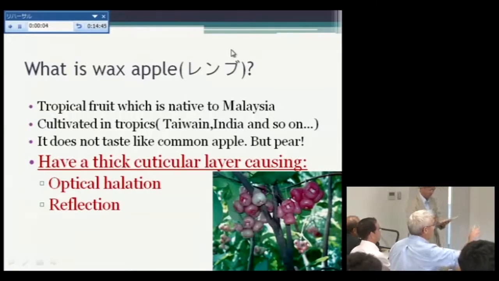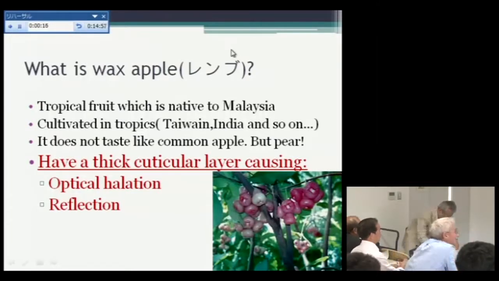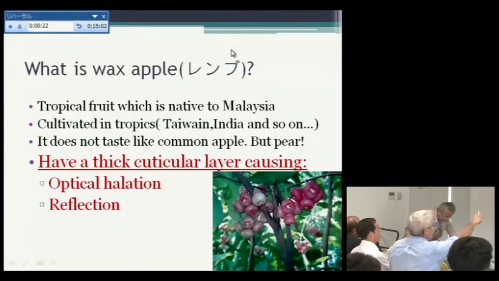Here on this slide, you have used the red color and big labels for the bottom part, and your eyes are attracted to that. But that isn't the main topic for this slide. What is wax apple is a very good way to introduce your subject.